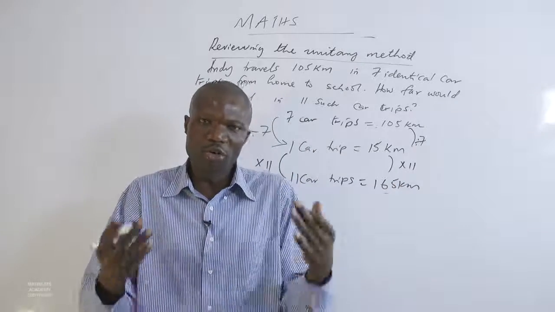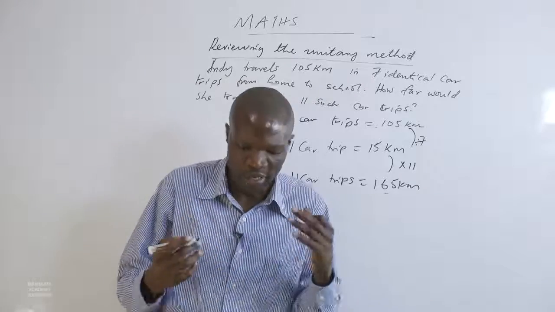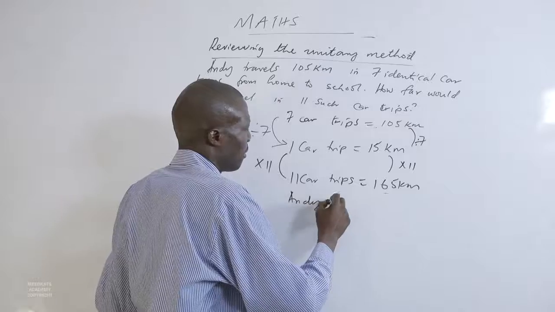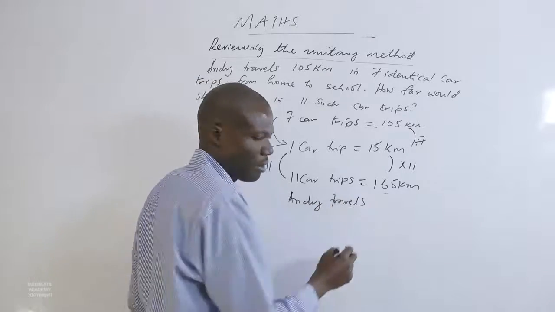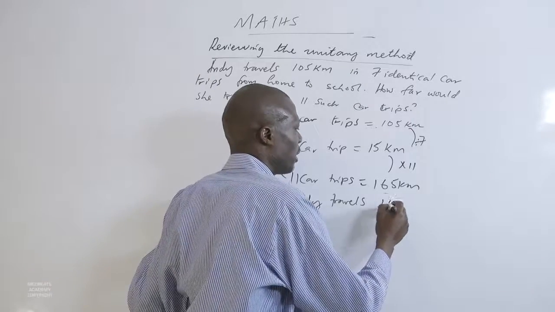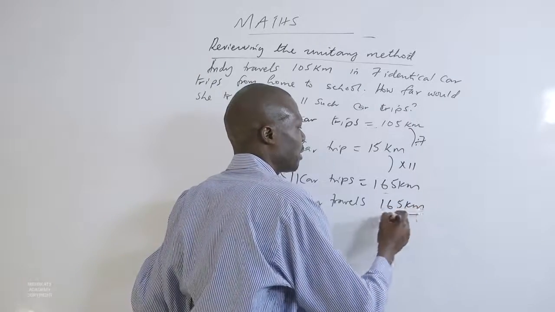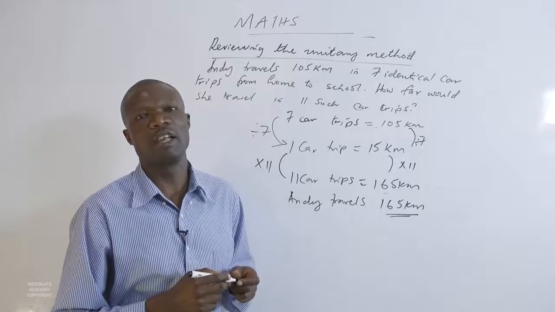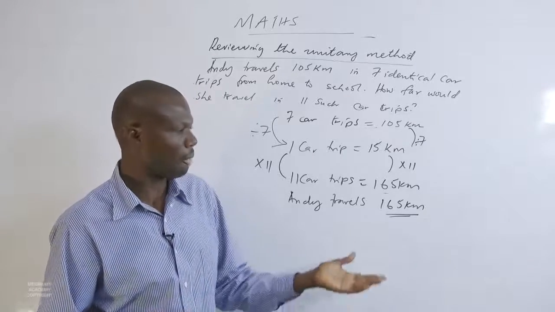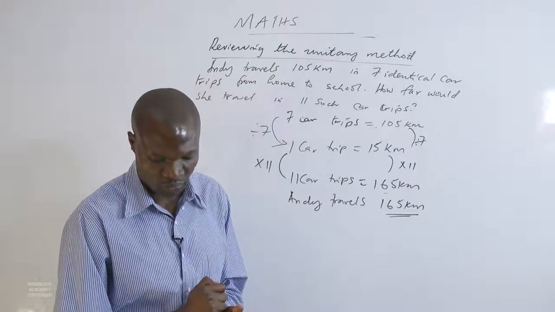So we can conclude this question and say, Andy travels a total of 165 kilometers if she uses 11 identical car trips. That is what she will do.